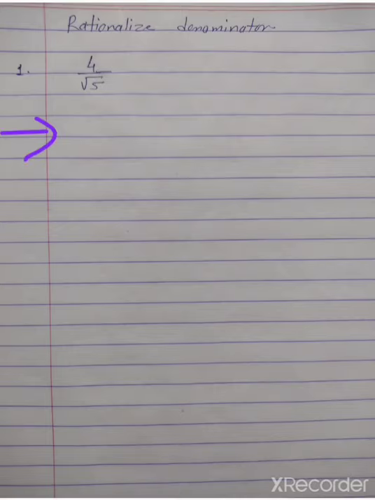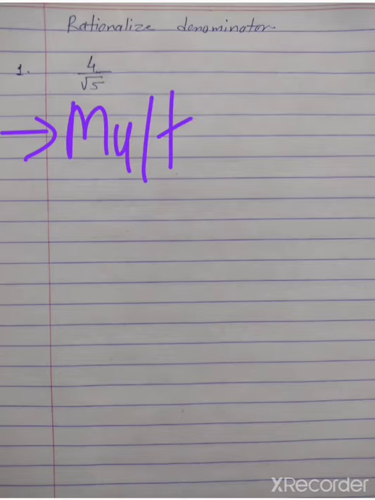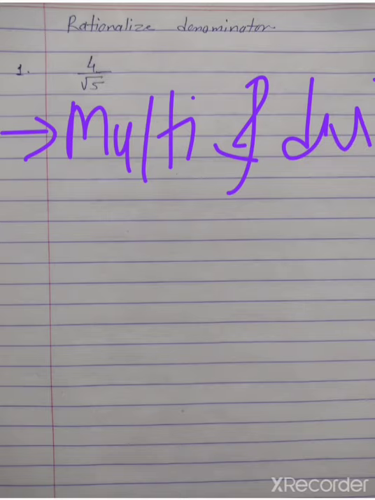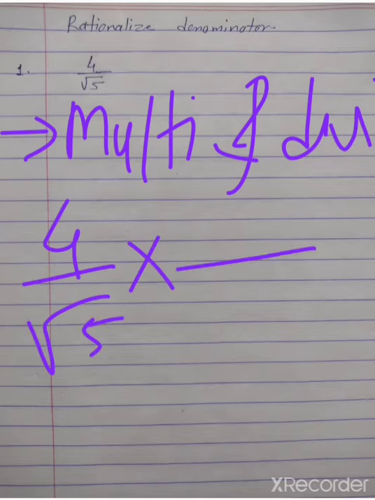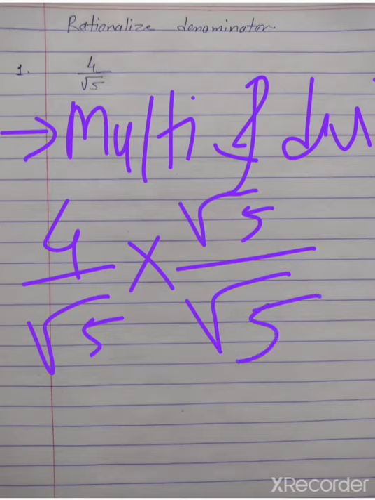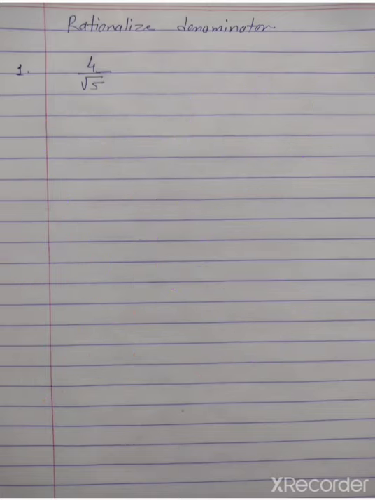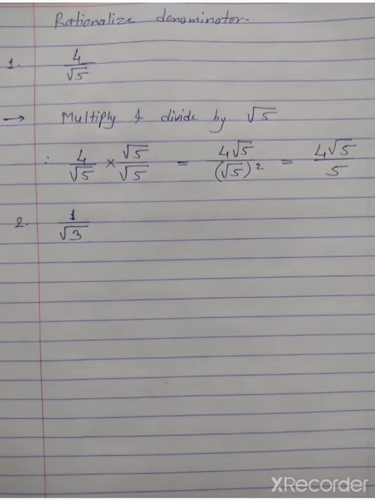First multiply and divide, so that when you multiply and divide this rationalizing factor to the given number, it will eliminate each other and the value will remain as it is. Therefore we are dividing and multiplying.